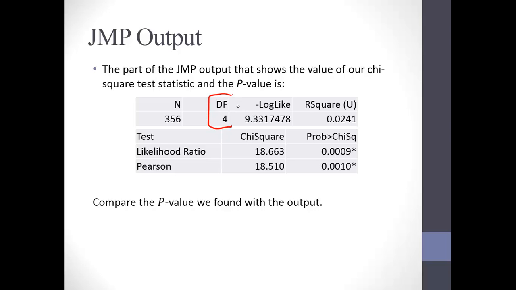So it's important to maybe know what the degrees of freedom are. Don't worry about any of those other things. And also we want to sort of ignore that first row. That's something that we won't be talking about. So to tell you what the test statistic is, you want to look in the Pearson row, and we see that here's our chi-squared statistic, and then the p-value.